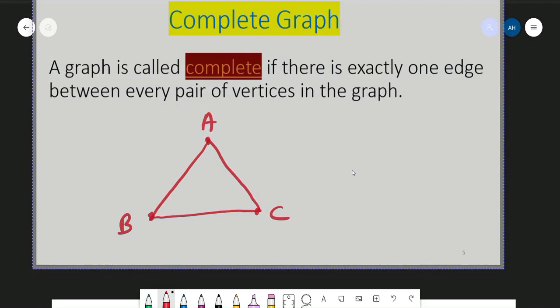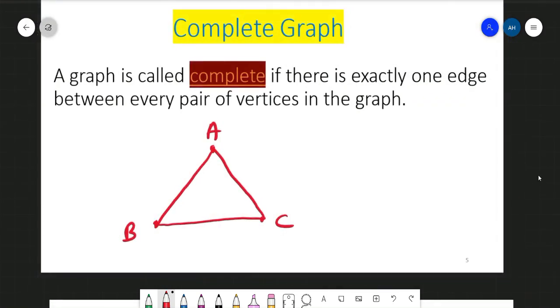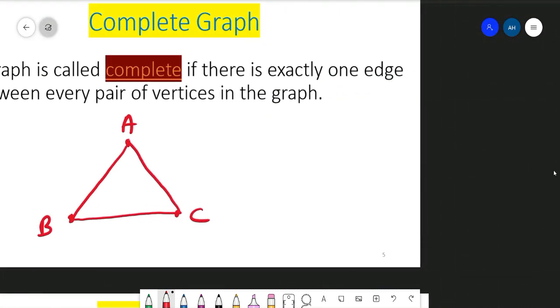Now, for example, if we have four vertices, let's do that. So this is A, suppose that this is B. Now let's say this is C and this is D. Now suppose that we have a graph like this. Now is this graph complete yet? No, because there is no edge between A and C. There is no edge yet.